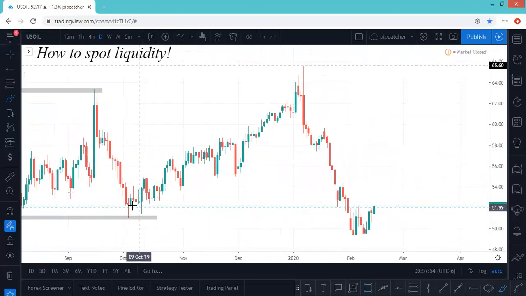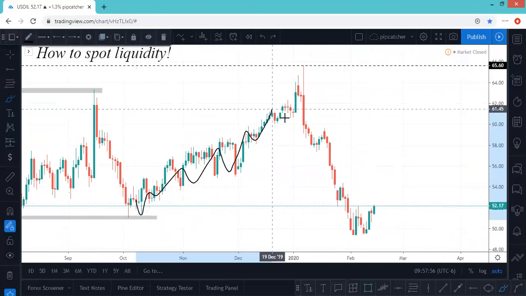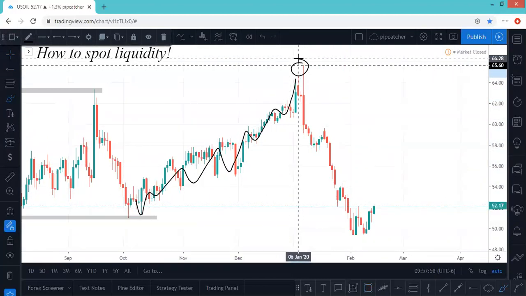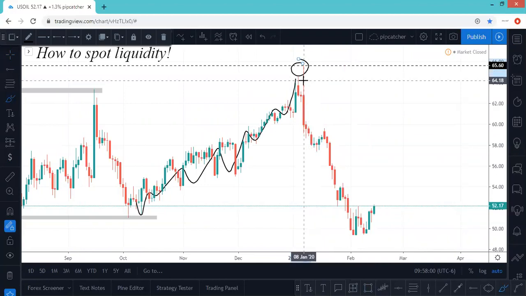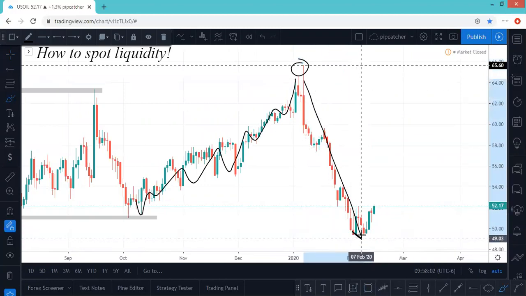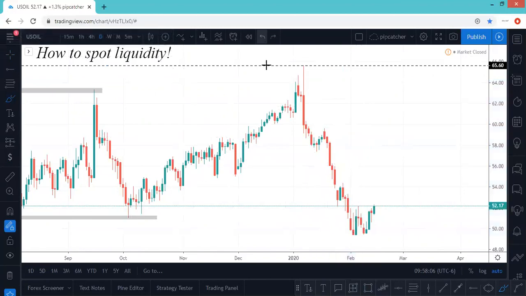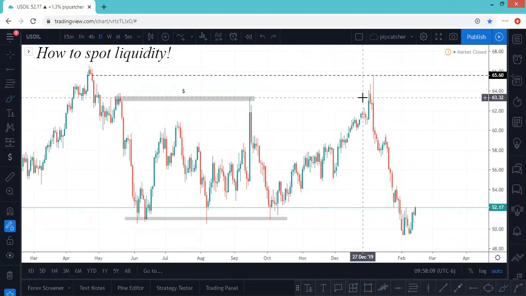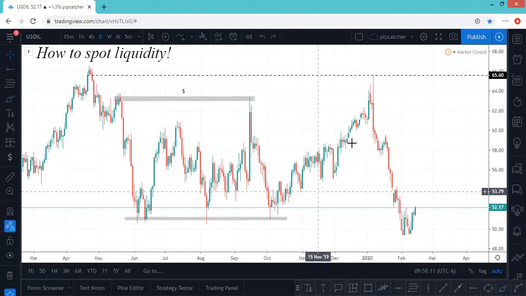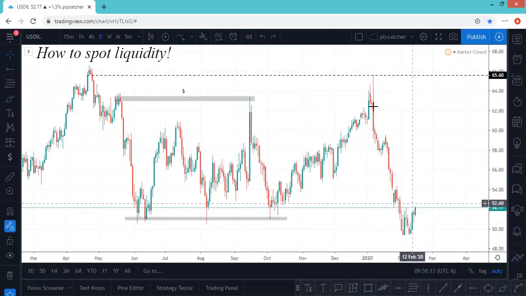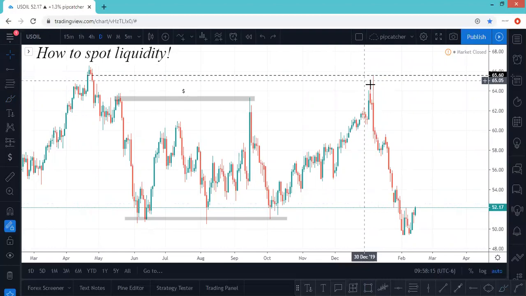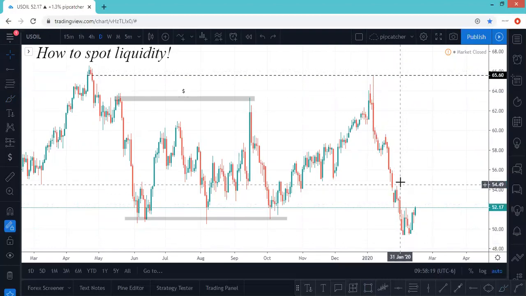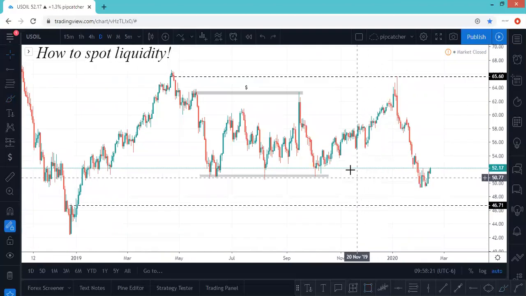You see how long it took price to get to this high, but then how short an amount of time it took for price to trade back down, right? That is money being built up just to distribute the orders off, right?